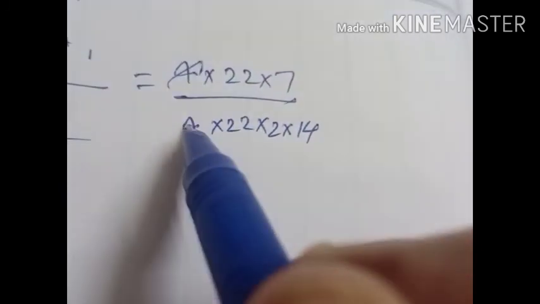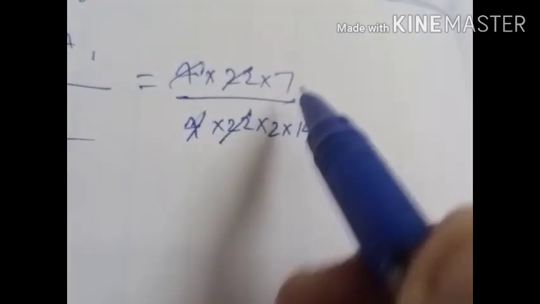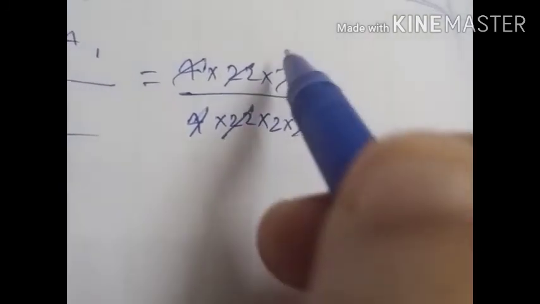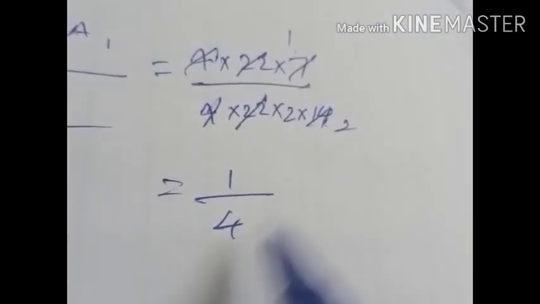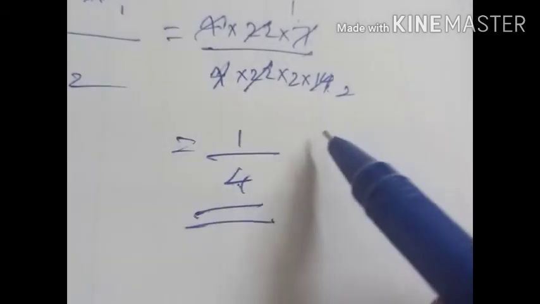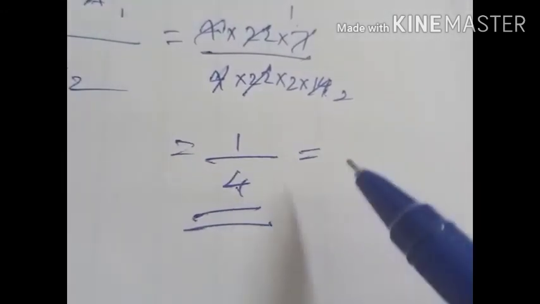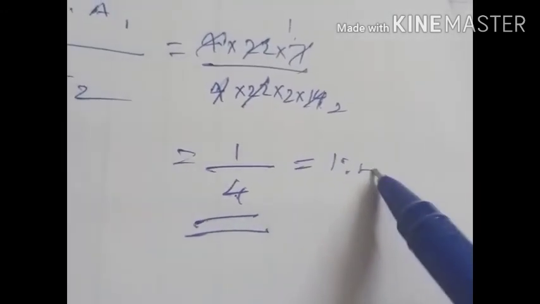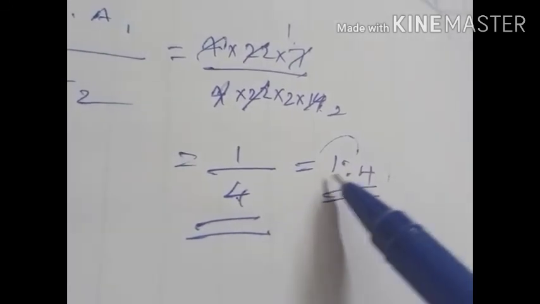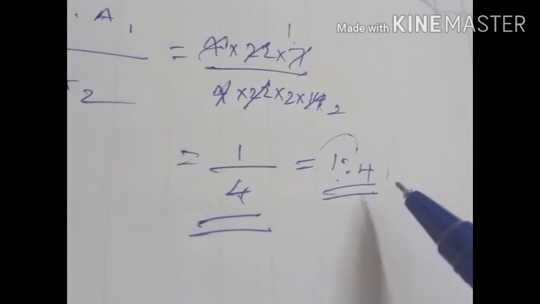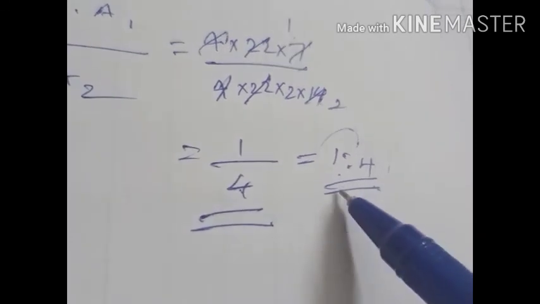Then we can cut the common factors. Then we will get 1 by 4, 1 by 2 into 2, 4. So the ratio between the two surface areas is 1:4. We should write the ratio in this form. So 1:4 is the ratio, and this is the answer.